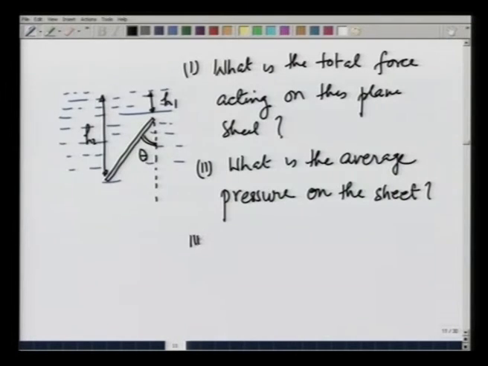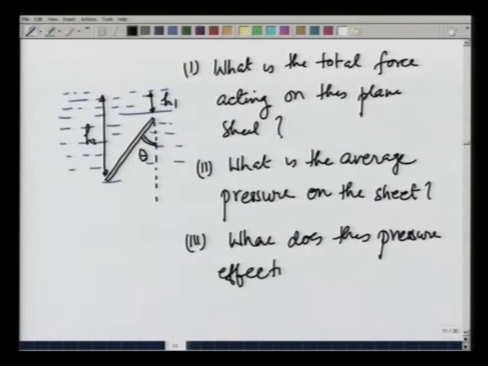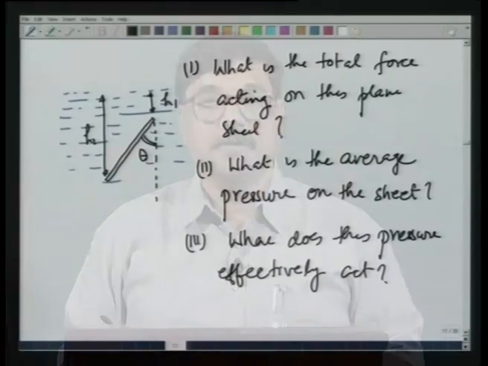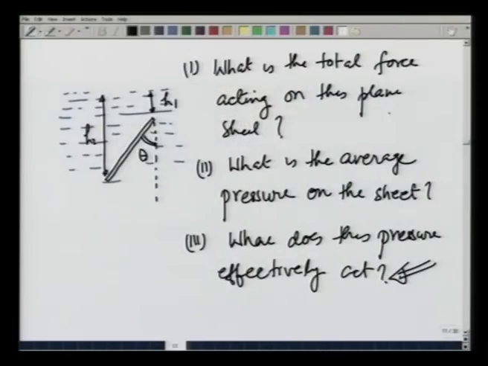And third, where does this pressure effectively act? What we mean by that is, where is it that I should apply an opposing force equal to the total force applied with the pressure, so that the moment is also balanced. Somehow you can feel that centroid is going to be involved in this, some area is going to be involved in this.